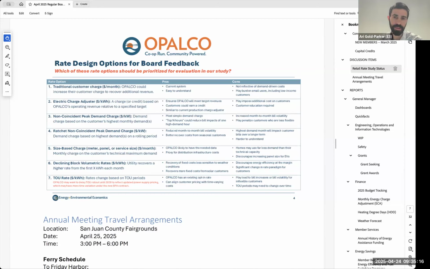So folks have time to get accustomed to it and see what their demand level is month to month, with a lot of communications about what that means and how it's measured, but then assess it at an initial rate of $0 a kW. So it's not actually contributing to the customer bill. And then once folks are accustomed to it, there can be a decision at a later point about introducing a non-zero demand charge.